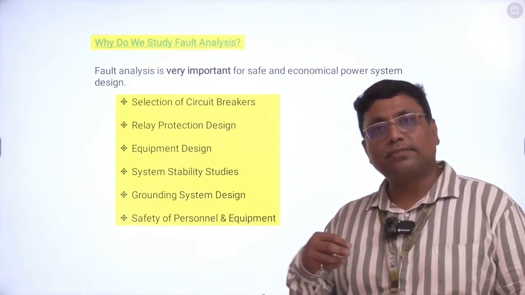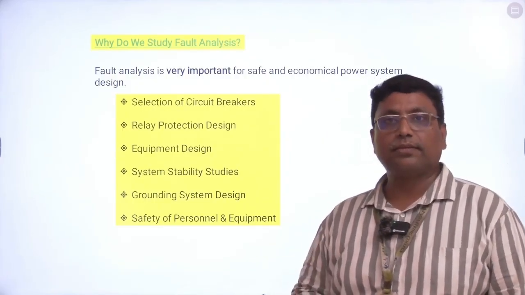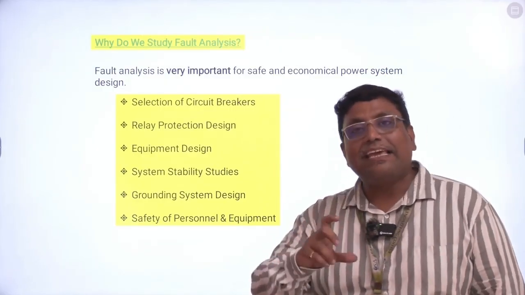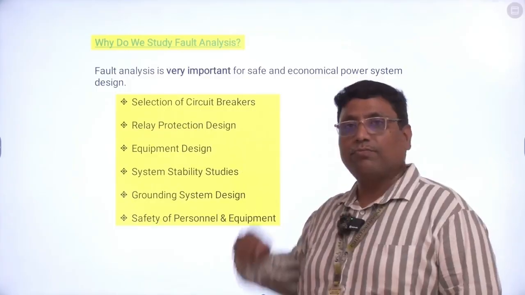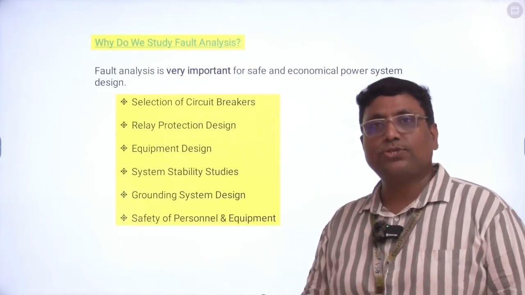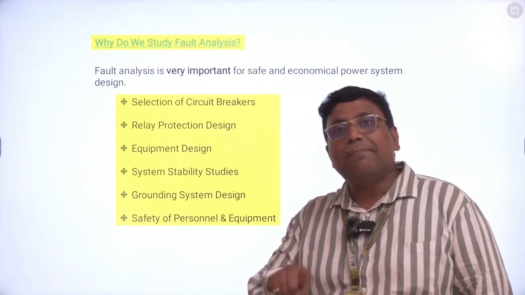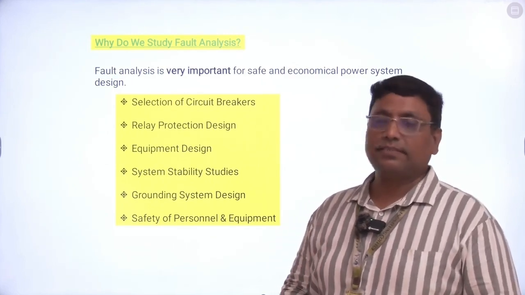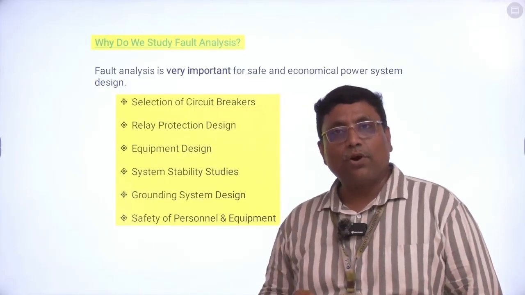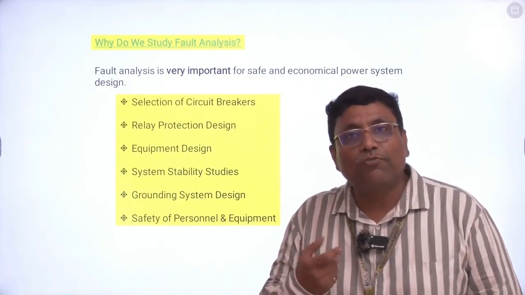The circuit breakers depend on the relay, so we have to calculate the breaking capacity of the circuit breaker, and the rating of the switchgear also varies depending upon the fault current. Similarly, relay protection design is very important. What is the pickup value of the relay?